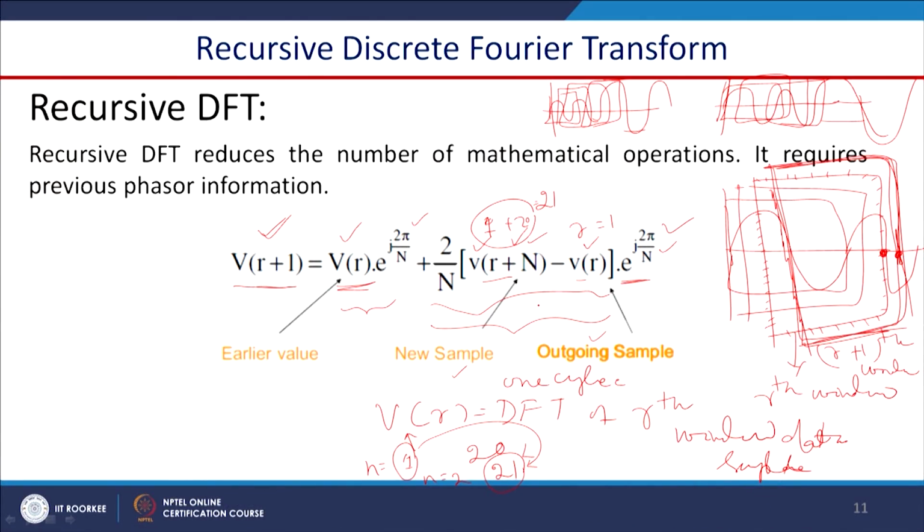For the rest of the windows, we are not going to calculate the DFT from time to time. Just taking this second expression, we can add to the DFT value of the previous window, so that we can calculate the DFT of the next window. In this manner, the recursive DFT saves time and is computationally quick. That is our aim of this recursive DFT.